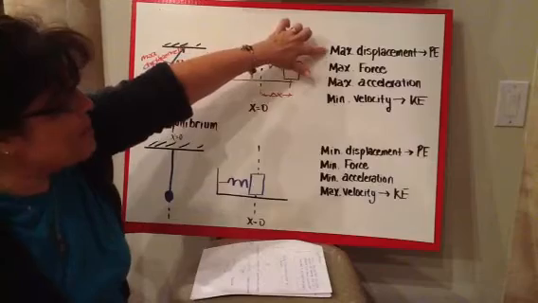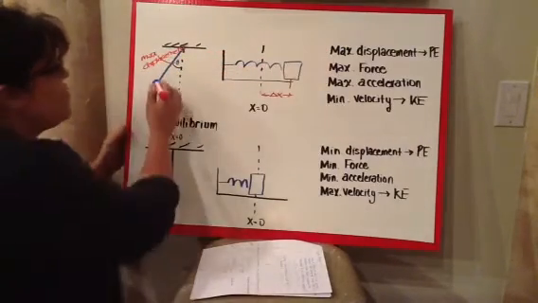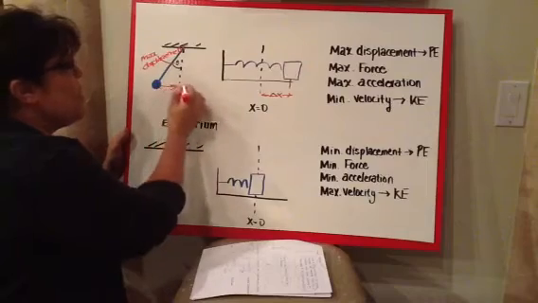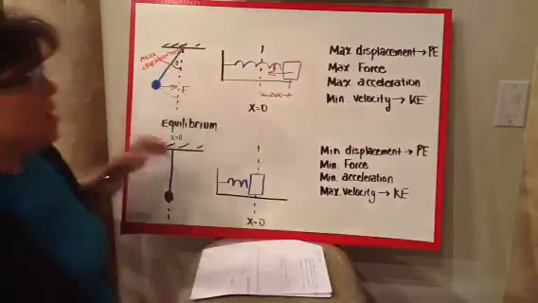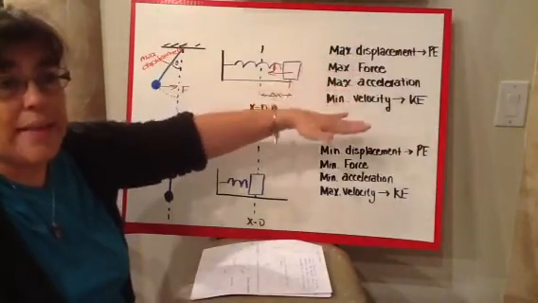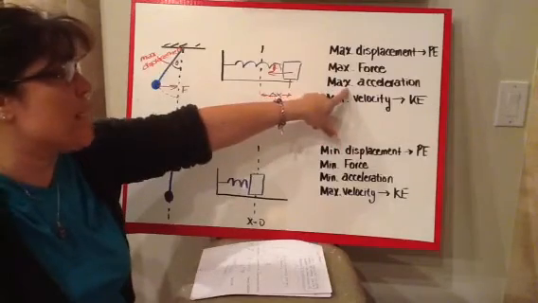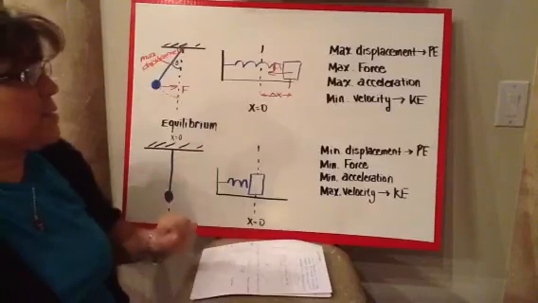So because we're at maximum displacement, we also have our maximum force. In this case, our restoring force is going to be this way. And because it's maximum force, and we know that force is mass times acceleration, we also have our maximum acceleration when we're at the maximum displacement.